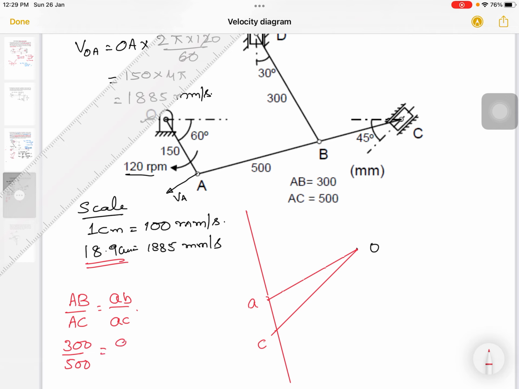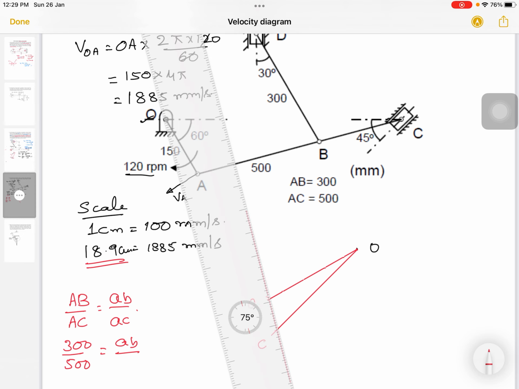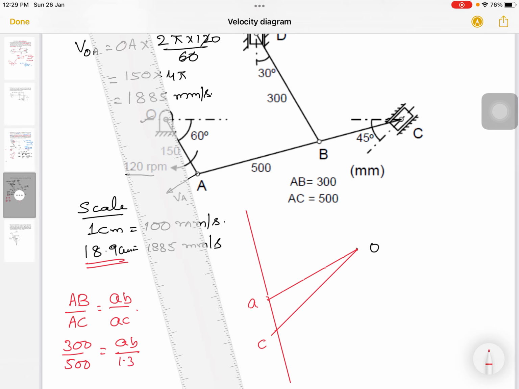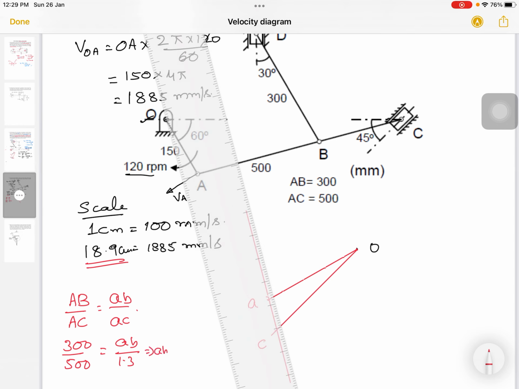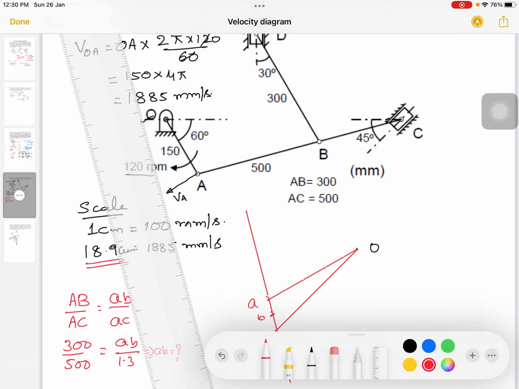Now measure AC according to your drawing. Please check, in this case it is approximately 1.3. According to that measurement, you can calculate the AB value, and B comes somewhere here.